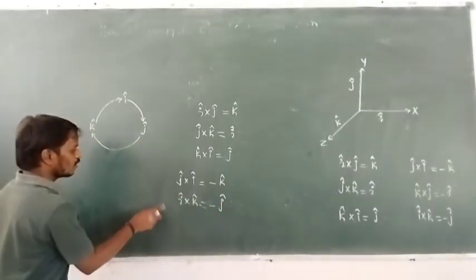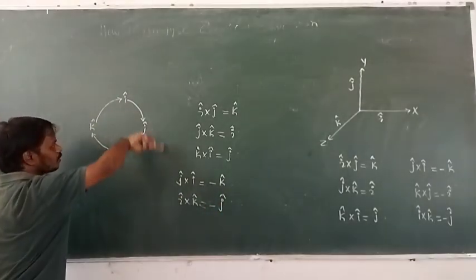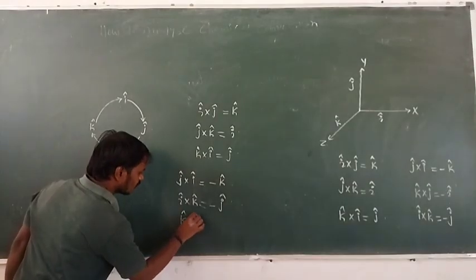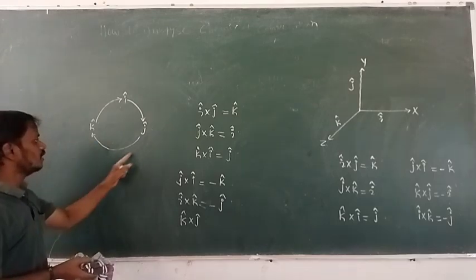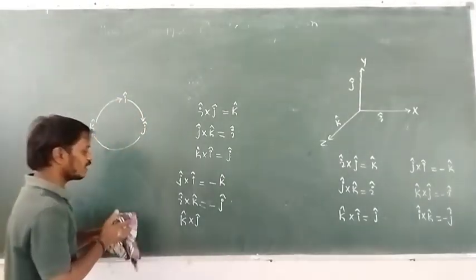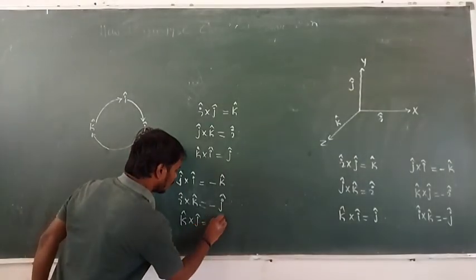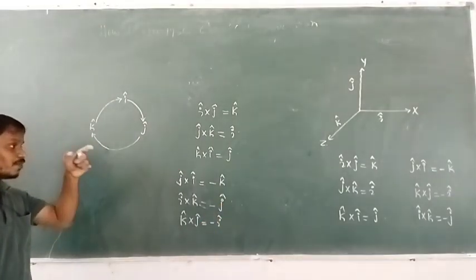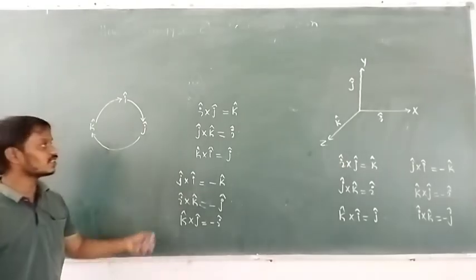Next, k to j in the anti-clockwise direction. The cross product from k to j is minus i cap. So this is about the cross product of two orthogonal unit vectors.